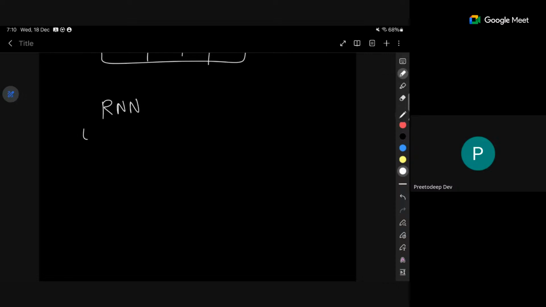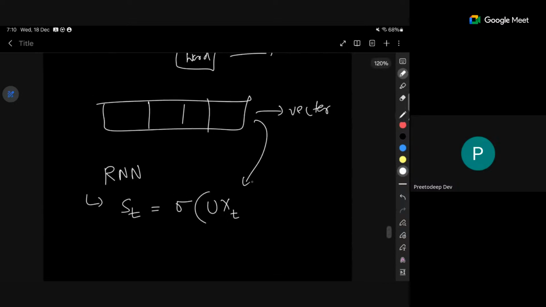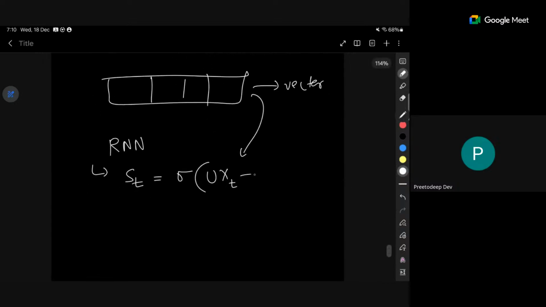Let me first write the equation of the RNN. First, we try to find the current state, for which we use sigmoid. We use the input, which is going to be this vector, and we take the previous output. I'll just write it for now and explain.